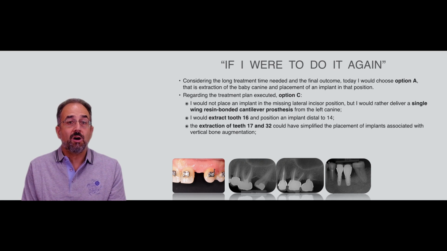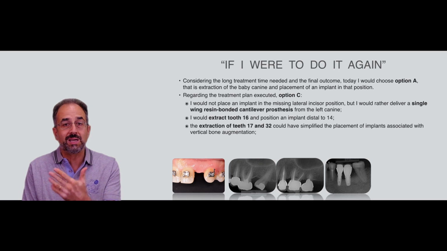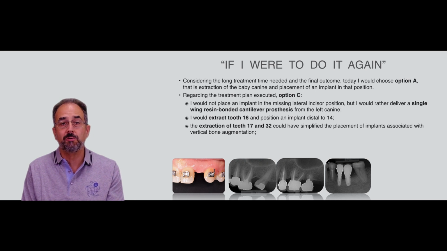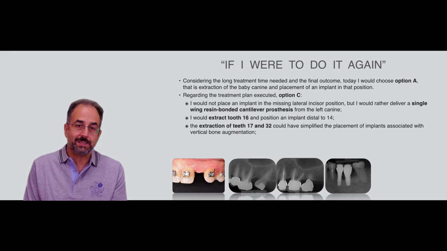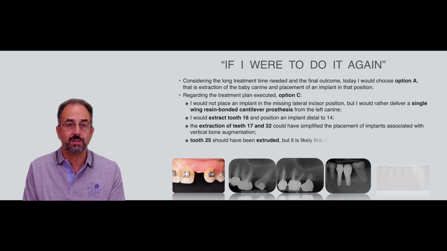The extraction of teeth 17 and 32 would definitely have simplified things and improved the chance of getting good vertical augmentation around the implants, especially those on the left side. We wanted to keep them at all costs, and then you have technical difficulties in trying to successfully obtain vertical bone augmentation.